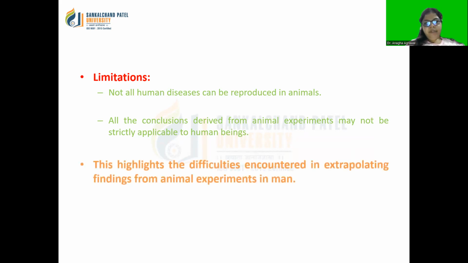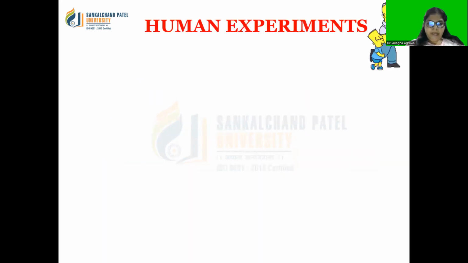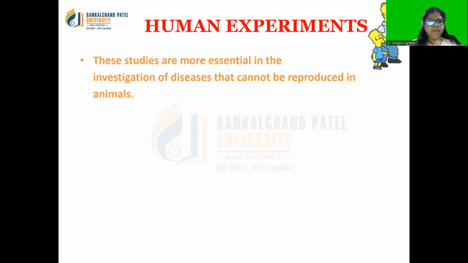This highlights the difficulties encountered in extrapolating findings from animal experiments to man. That's why we have to do some human experiments. These studies are more essential in the investigation of diseases that cannot be reproduced in animals. Some diseases we cannot reproduce in animals, or otherwise we cannot extrapolate those findings to the human being.